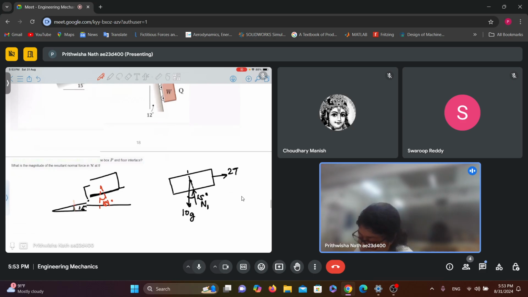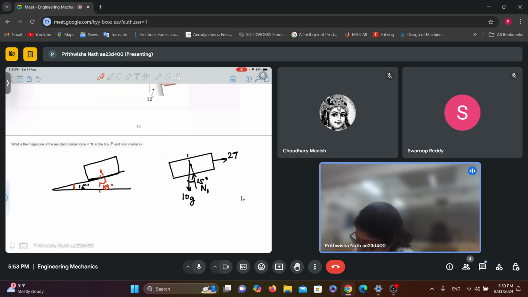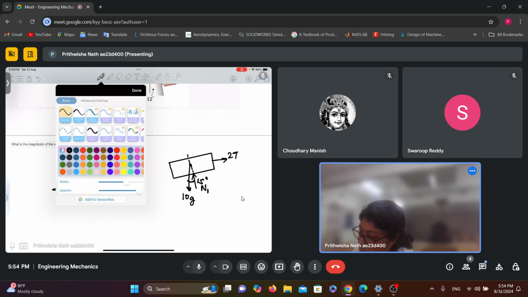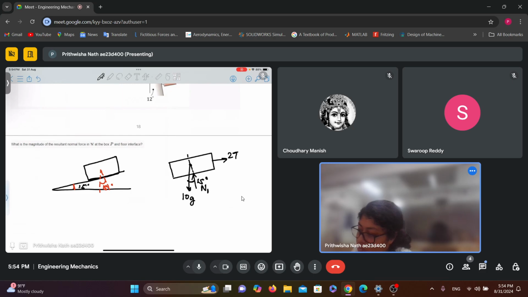So I'll now just resolve the force along the direction of normal to this block. So I can write this as N1 minus 10g should be cos 15, right?